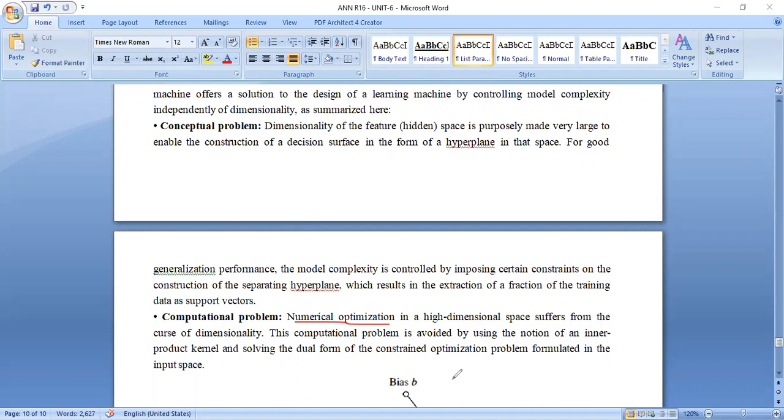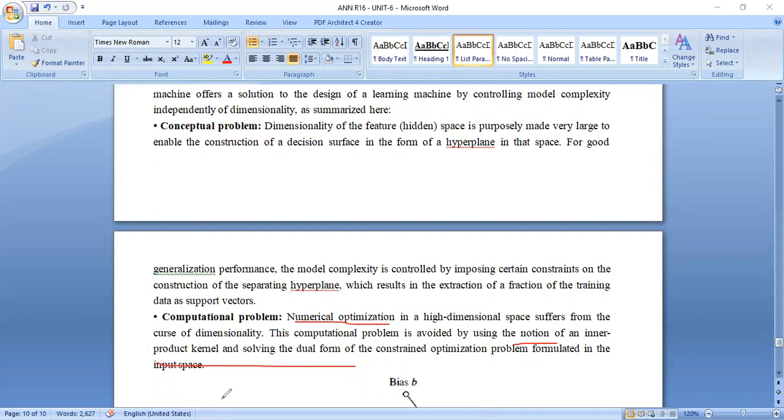That is called the curse of dimensionality, right? How to overcome this? For this, as a computation function, we can use the notion of inner product kernel and solve the dual form of the constrained optimization problem formulated in the input space.